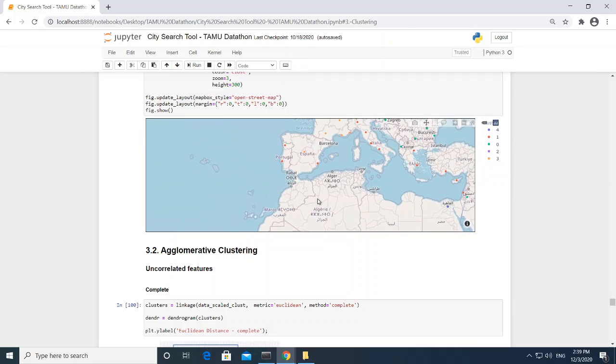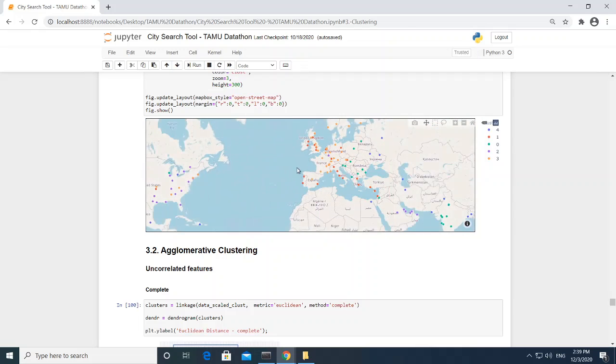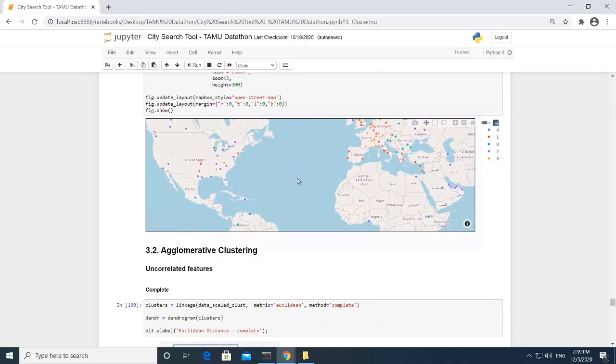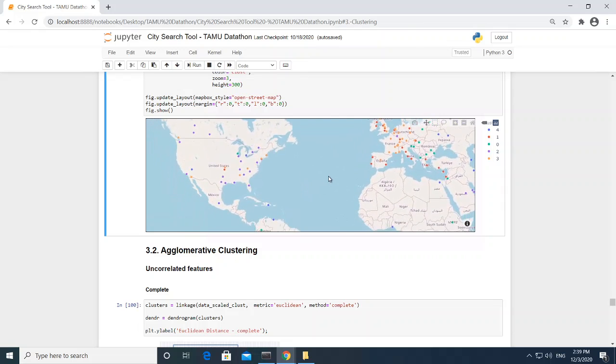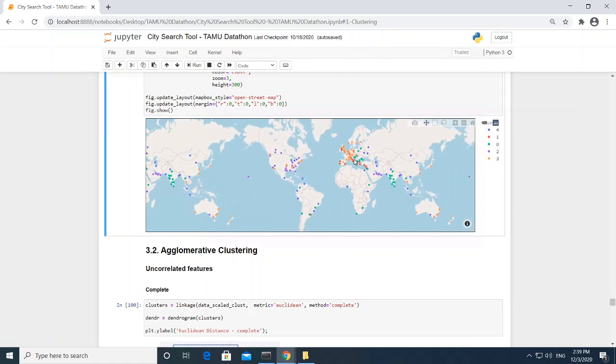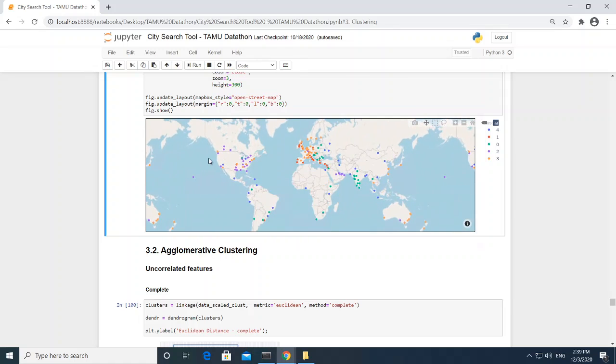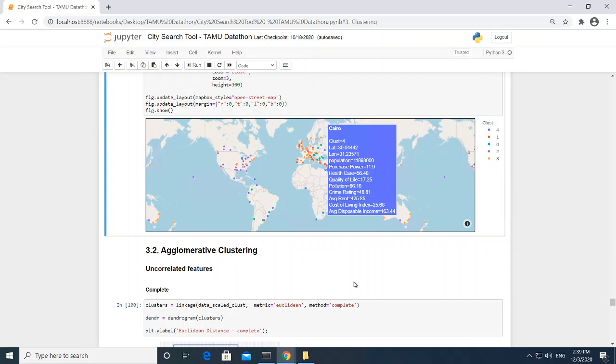Again, this is just the final result that we got. We used the same map plot that we displayed at the beginning, just to show all of the cities and their specific clusters here. And with this, you can actually go and see, hey, these are all of the cities that display some of these common characteristics or features.